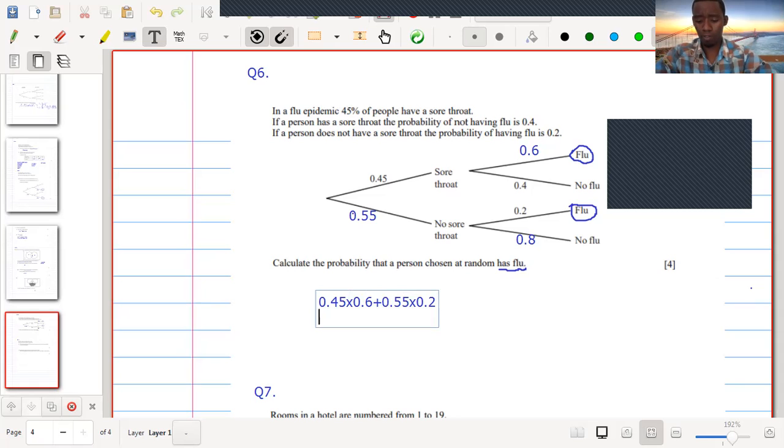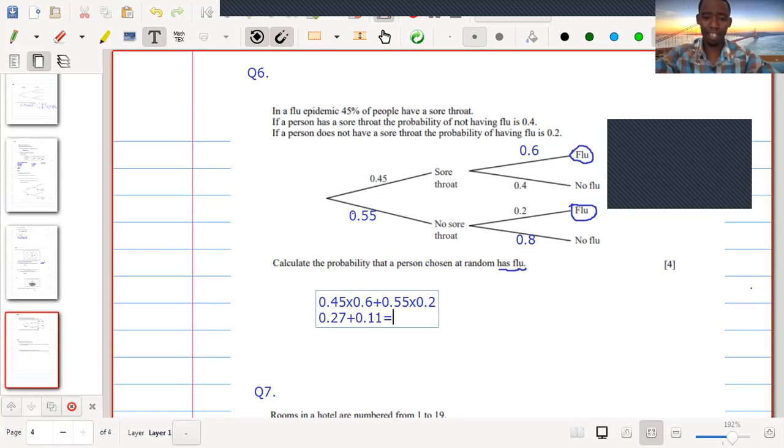If we multiply 0.45 times 0.6, it gives 0.27, then plus 0.55 times 0.2, which is simply 0.11.